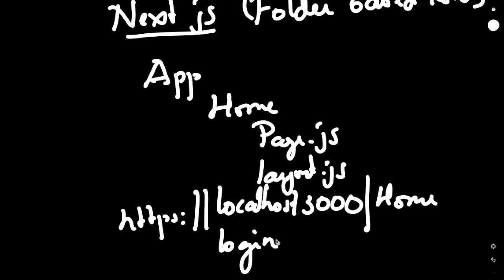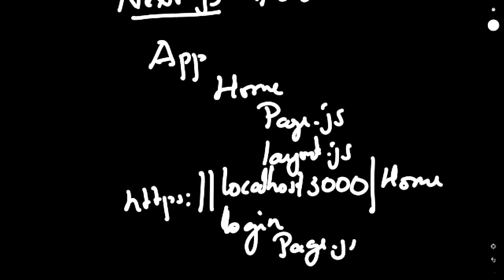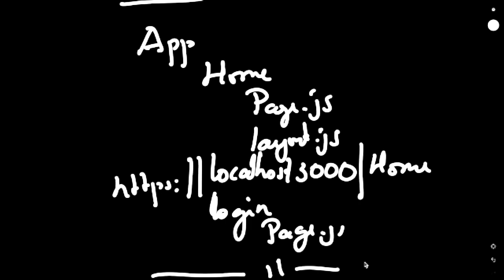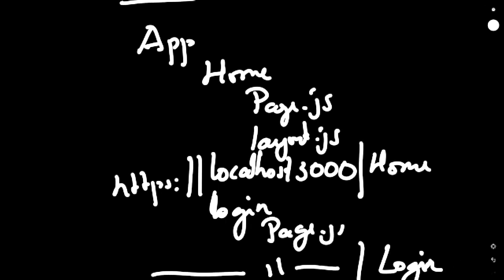Similarly, if you create another folder called login and define a different functionality in page.js and the layout in layout.js, you could access the login page using localhost:3000, or whichever port you are running on, /login.